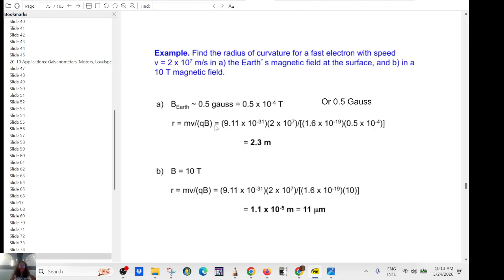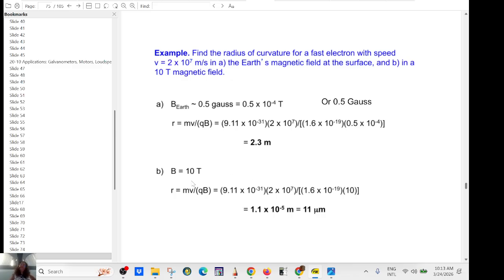Okay, so that's the answer. MV, the momentum, over QB for the magnetic field of the Earth. So the radius is 2.3. Did you get that? This is very large.